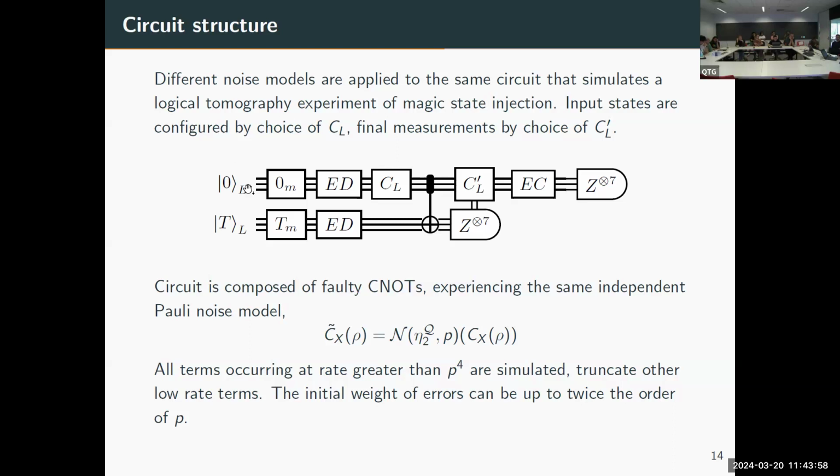What this ensures is that every prepared logical state has no more than a single error, at first order in the error rate. And I should also say the error detection circuit here is a new error detection scheme that I developed for the paper, but it's relegated to the appendix.